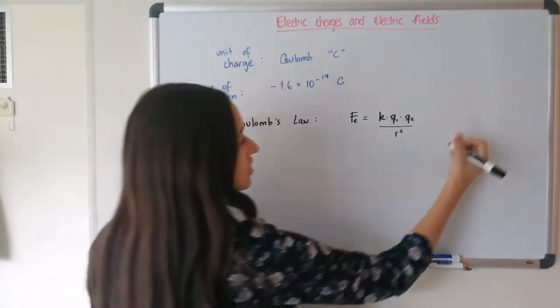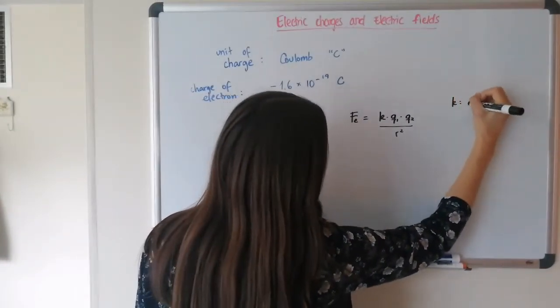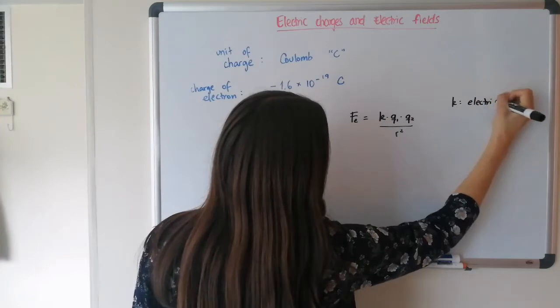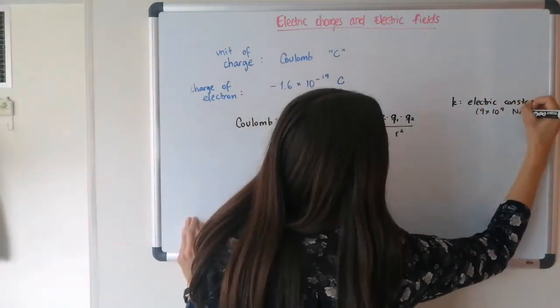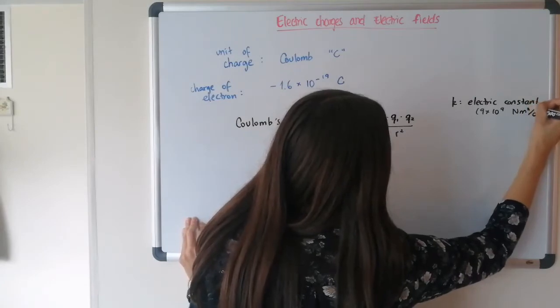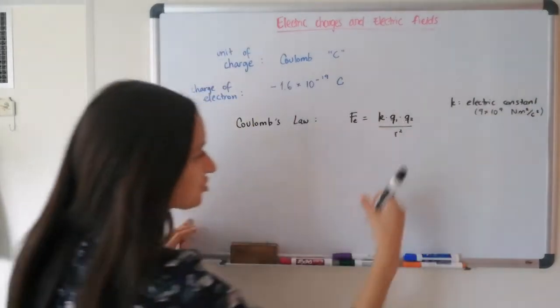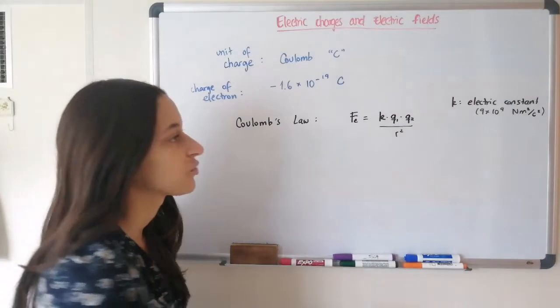So in this equation, K is the electric constant, and it's always equal to 9 times 10 to the 9 newtons meter squared over Coulomb squared. So that's just a constant that you always put into the equation.